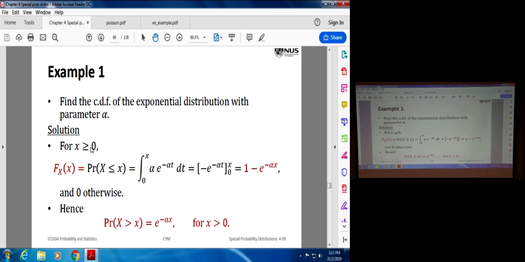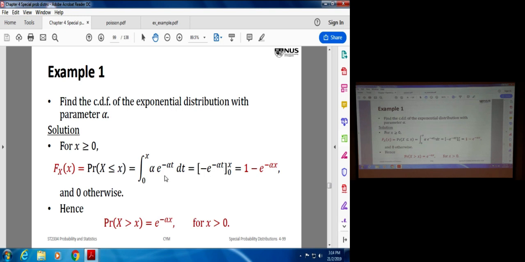That's positive. By definition, the probability that X is less than or equal to x is equal to the CDF. We've done that already, really, on the last slide. That's the integral between 0 and little x of alpha e to the minus alpha t dt. Remember, t and x are different. The integral of this by now is standard: minus e to the minus alpha t.